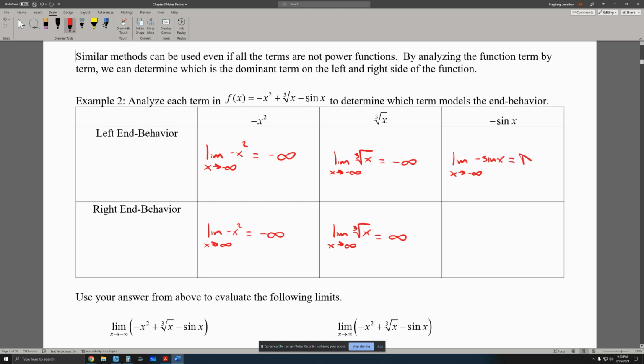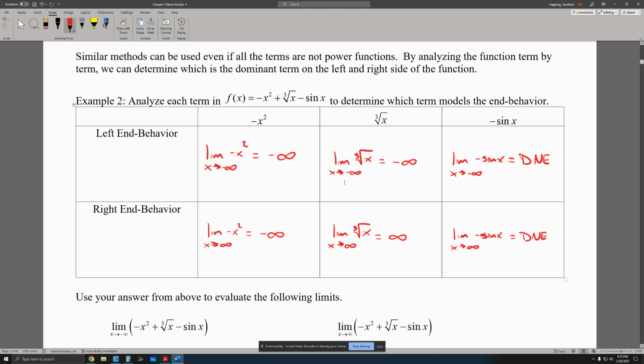So we would say that this limit does not exist, or DNE. Likewise, on the right-hand side, the behavior is the same. The limit of the negative sine of x as x approaches infinity does not exist.